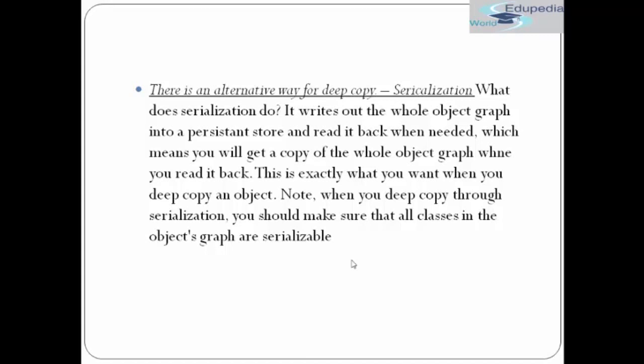Note, when you deep copy through serialization, you should make sure that all the classes in the object graph are serializable. Okay. So what it is saying is you can also do serialization. How it is done, we'll study when we cover files in Java. So we'll be studying serialization along with that. But as of now, it's an alternative way of deep copy in which you actually store the whole object and read it back whenever required. Okay.